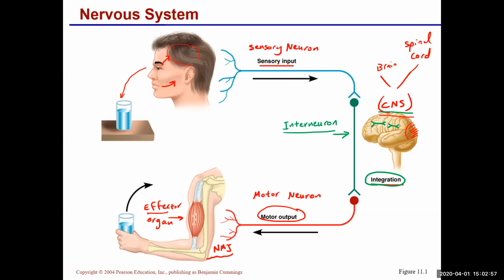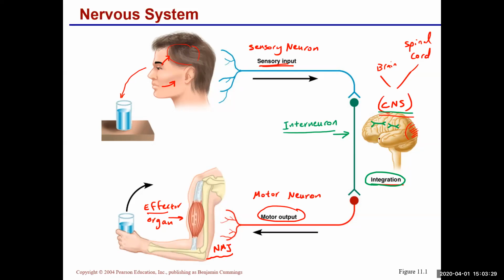Again, it doesn't have to be only for vision. You could think about another example, so make sure that you understand the concept. For example, you're driving your vehicle, all of a sudden you hear a siren from paramedics, for example. Same idea. Now your hearing sensation is the sensory input. This information is going to go to the brain.